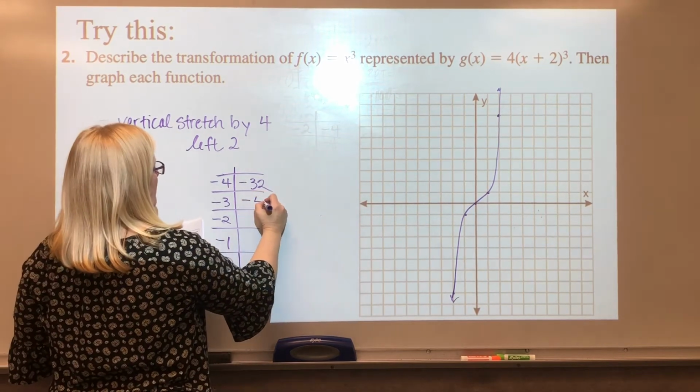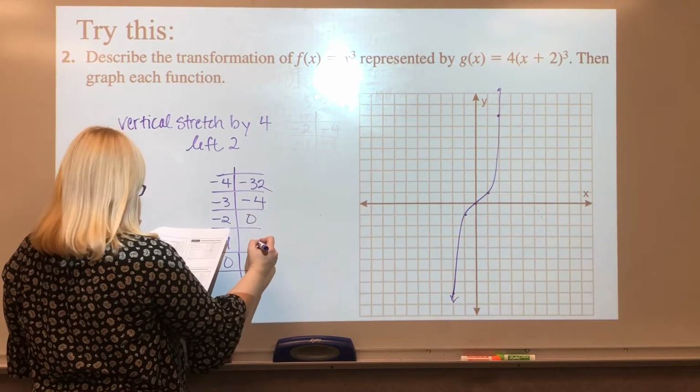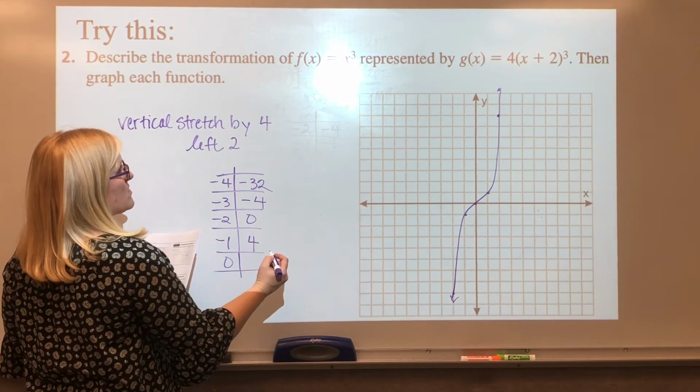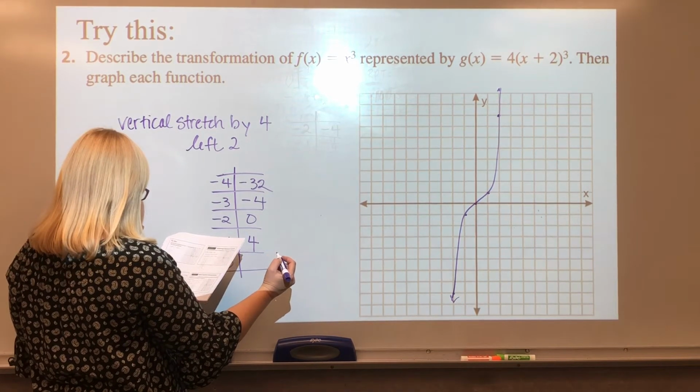-3 is -4, -2 is 0, -1 is 4, and 0, of course, is, well, big, 32.